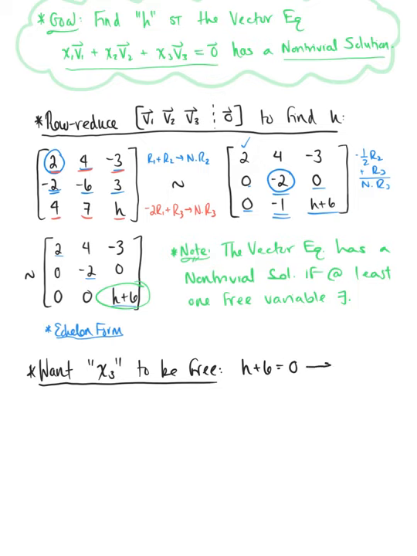So solving for h, we see that if h is equal to negative 6, then x sub 3 will be free. Woohoo! And we're ready to make our final conclusion. We can say that when h is equal to negative 6, x sub 3 is free, and the vector equation will therefore have a non-trivial solution.